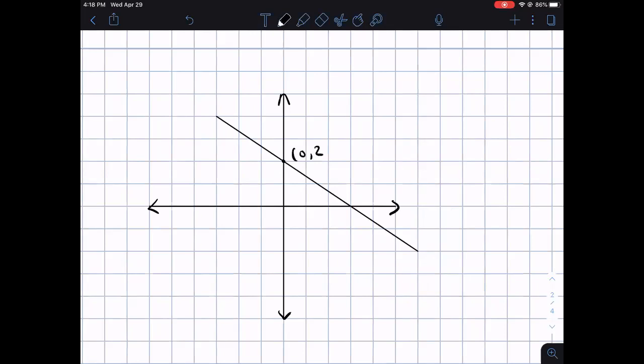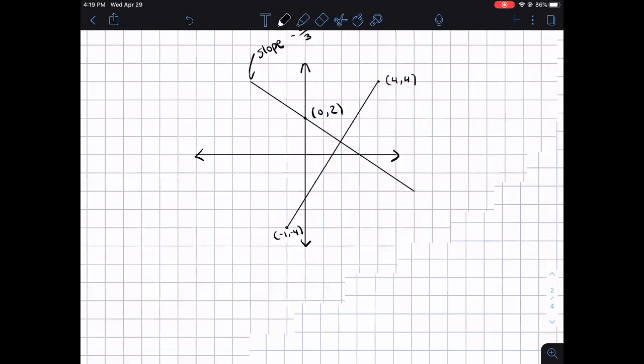So this passes through 0, 2, and let's say we know the slope is negative 2/3. And let's have another line that passes through 4, 4, as well as this point, which is negative 1, negative 4.